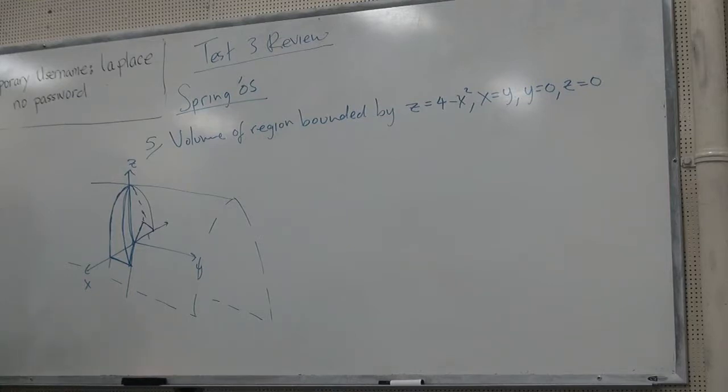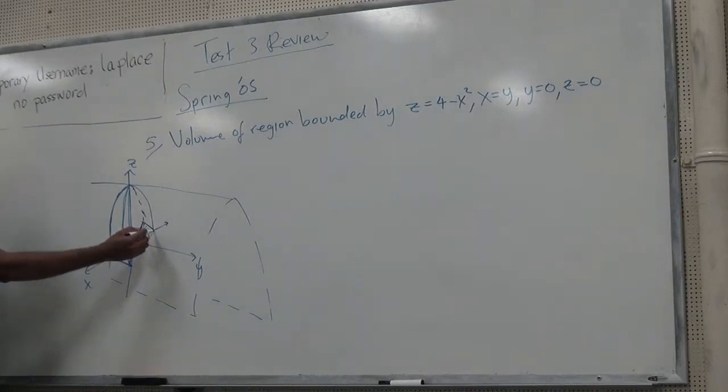But if it was on the other side, then it would have a negative y value. It would give you a negative y value, so if it says y equals 0, then we shouldn't even go there. But the thing is, this is also bounded by y equals x.